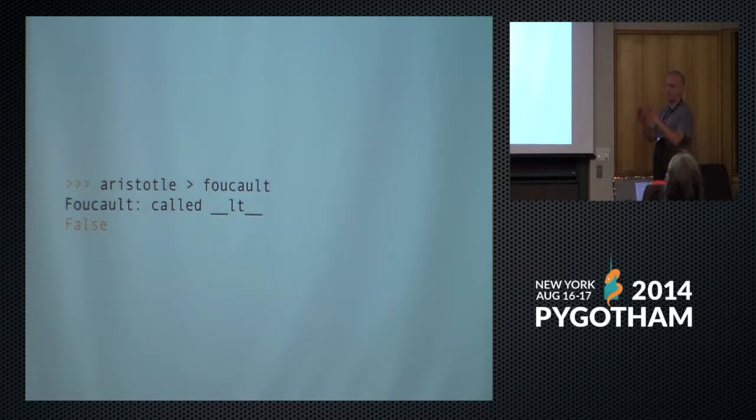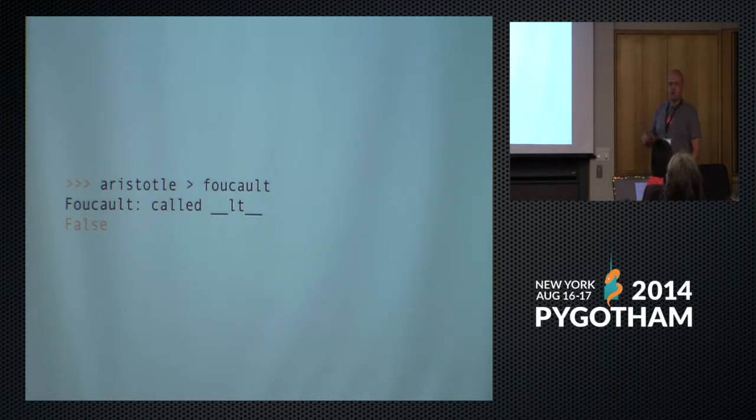Strictly speaking, it's if the type of either side is in the MRO, the method resolution order, of the other side. Python will say that side is more specific than the other side, so we should try that side's operator first. And so Python says, oh, Foucault has the reflected method of greater than, which is less than. And Foucault is a more specific version of a philosopher than Aristotle. So I'm going to use Foucault's method, and it returns False.